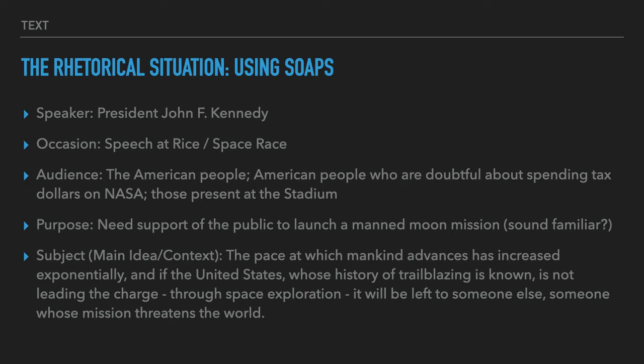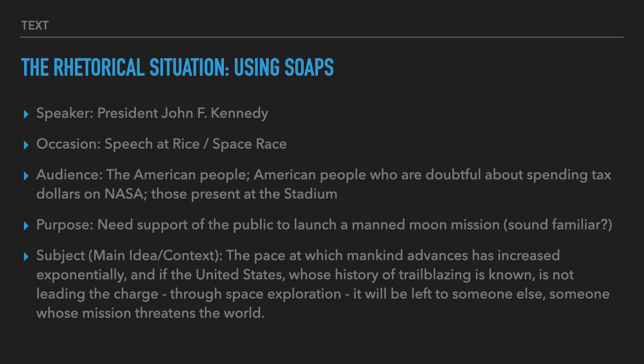Who is the audience? The American people. That's kind of, I would say, the obvious one. To get a little more focused, it would also be American people who are doubtful about spending tax dollars on NASA. Maybe they're doubtful about the risk that the space race poses. Maybe people who are just unaware that it's important.